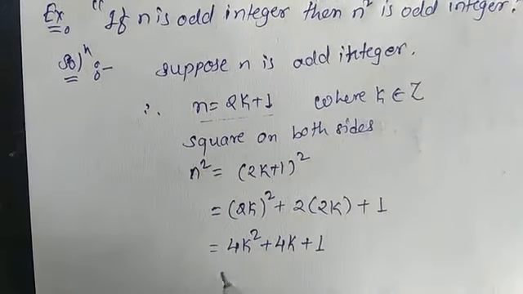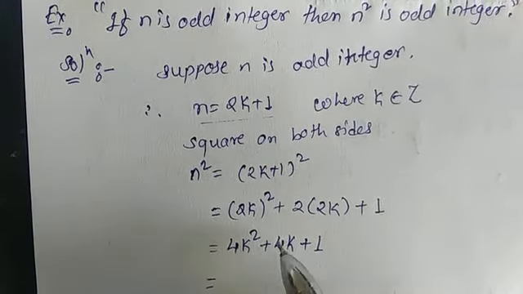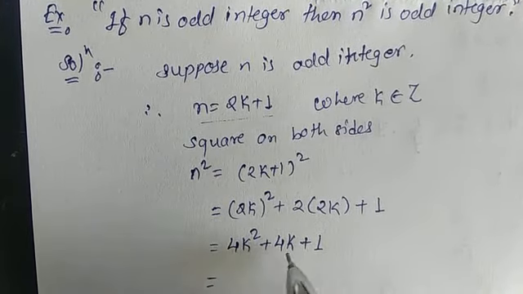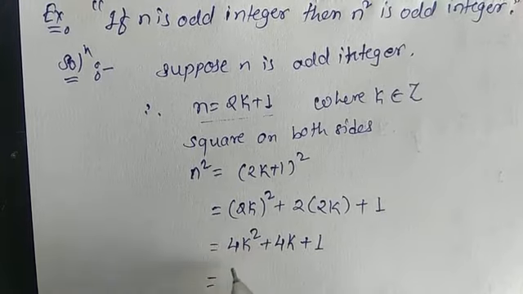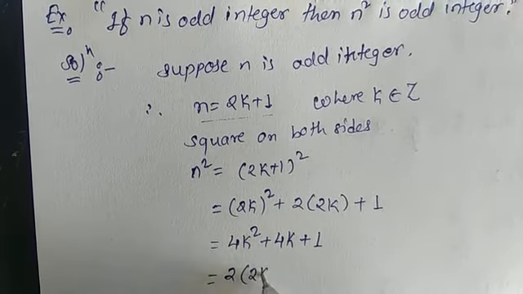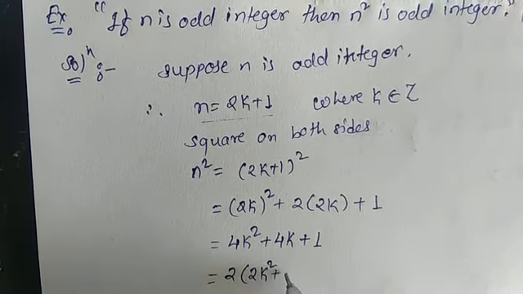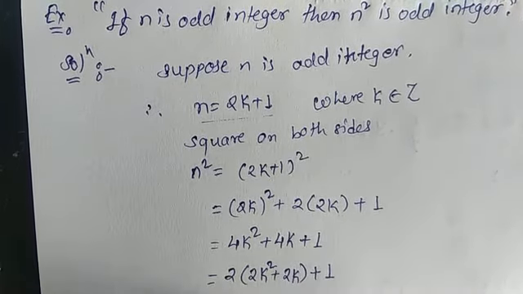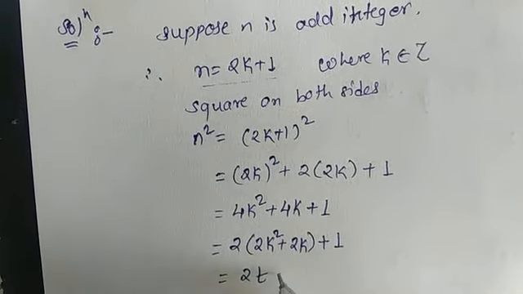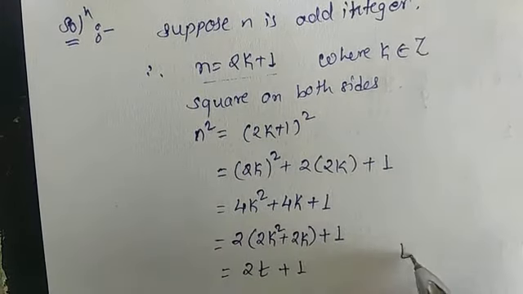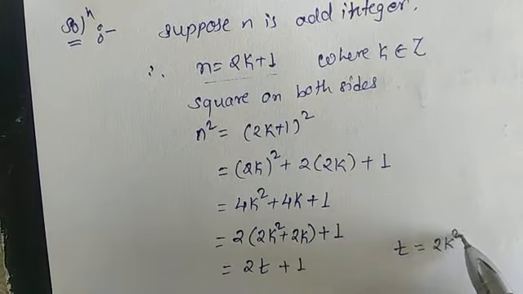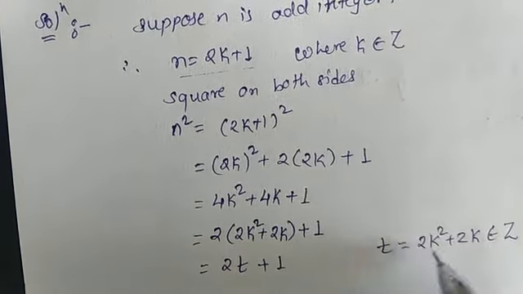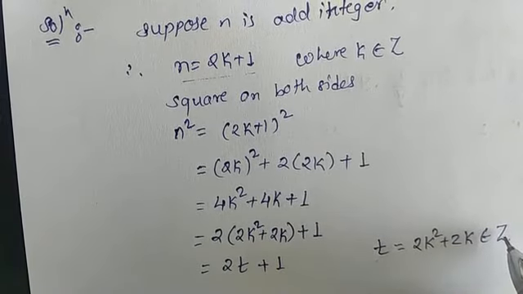That means this number can be written as 2 into (twice k square plus twice k) plus 1, which is equal to twice t plus 1, where t is equal to twice k square plus twice k, which belongs to Z, because k belongs to Z, so t will also be in Z.